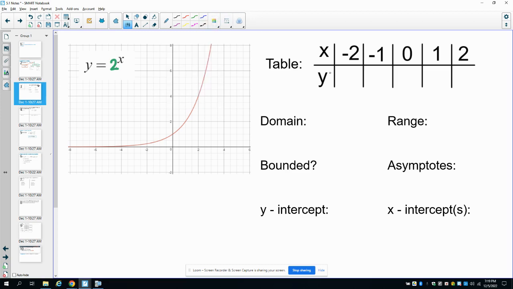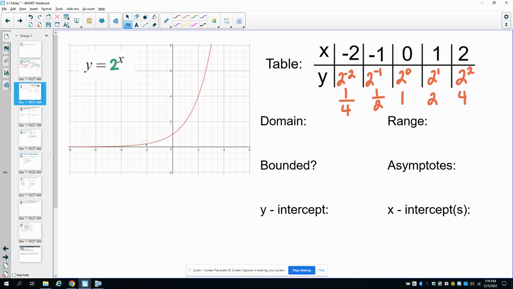So we have 2 to the negative 2, which is 1 over 2 squared, or 1/4. We have 2 to the negative 1, which is 1 over 2 to the first, or 1/2. 2 to the 0, which is 1. 2 to the 1, which is just 2. And 2 to the second, which is just 4. So then we can see those plotted here.